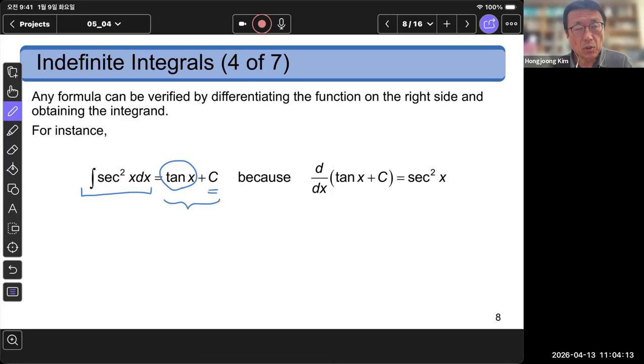So this is the correct answer for this indefinite integral. And if I ask you to prove this, then you must show that tangent x plus c is an antiderivative of secant squared x. And please remember such a trick.